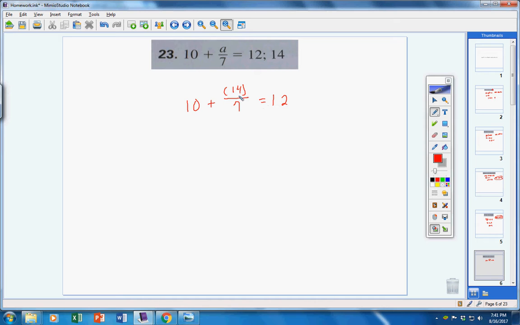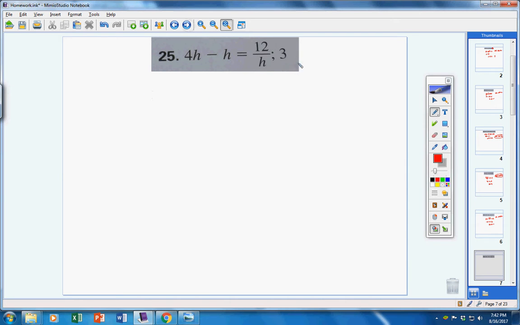Alright, well, 14 over 7 means 14 divided by 7, which is 2. So 10 plus 2 equals 12, so I get 12 equals 12. So yes, 14 is a solution to the given equation.